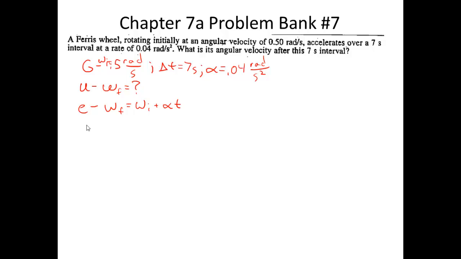Substituting in, we have 0.5 radians per second plus 0.04 radians per second squared times 7 seconds.